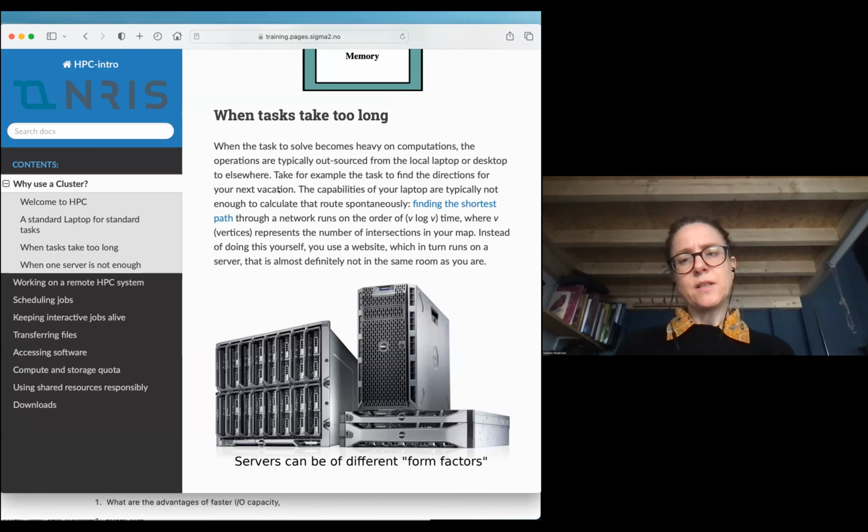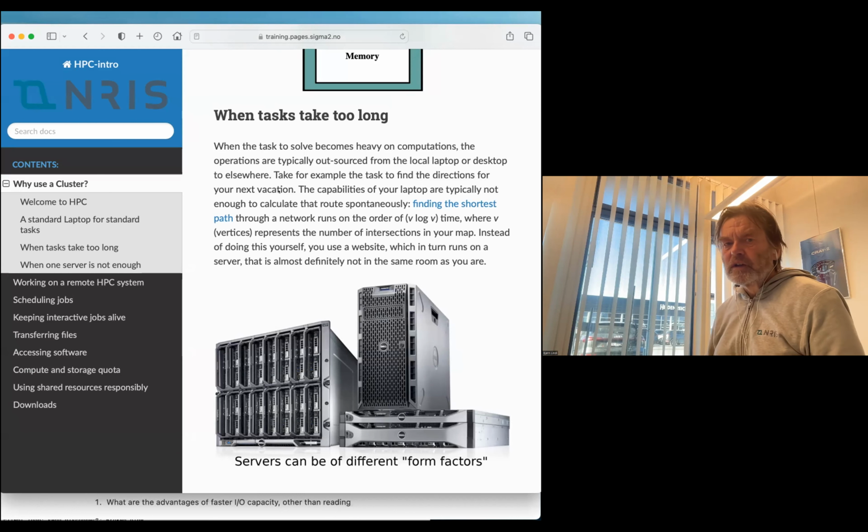And why do we actually call them servers and not just computers? In HPC notion, we call them compute nodes. But in cloud environments, we call them servers.